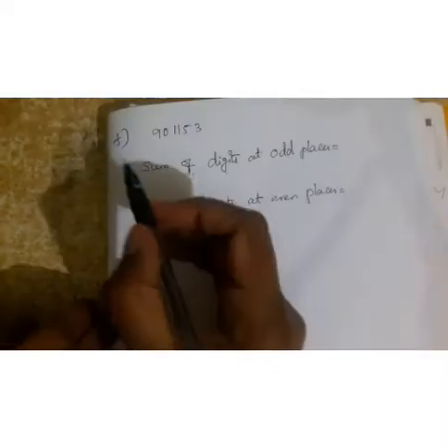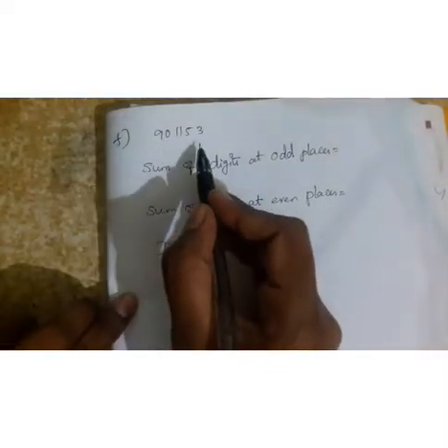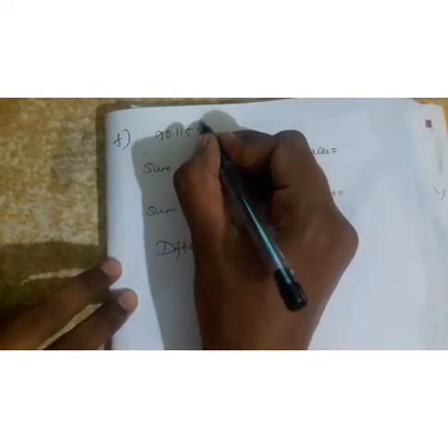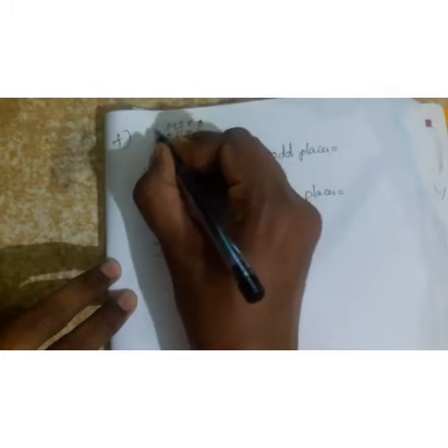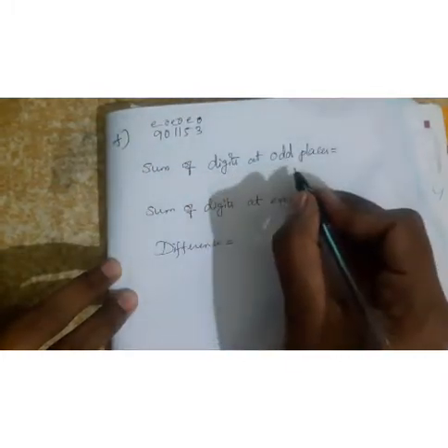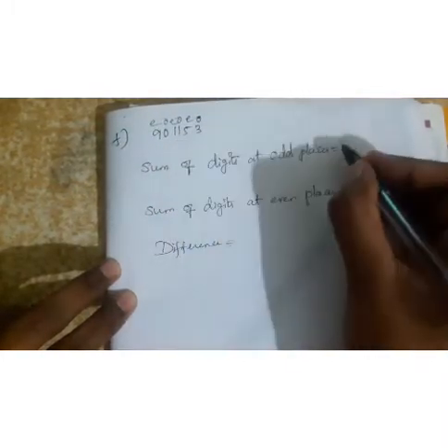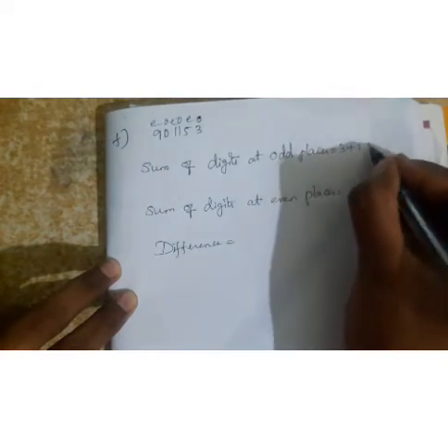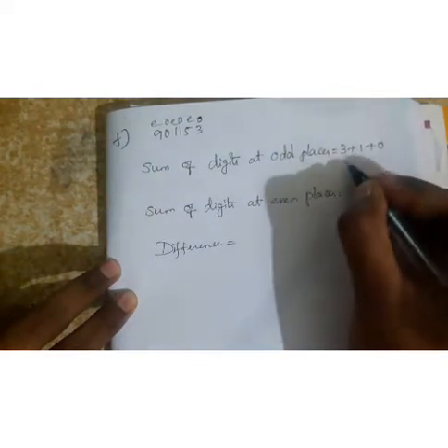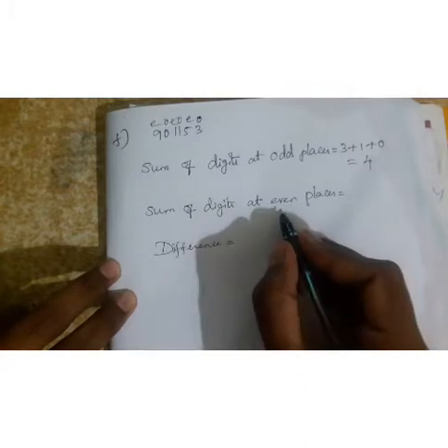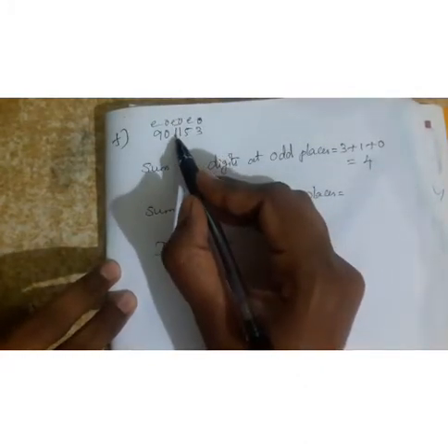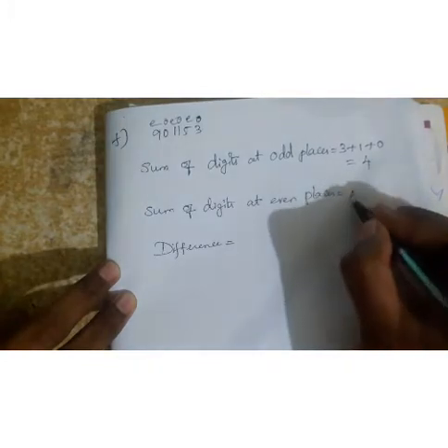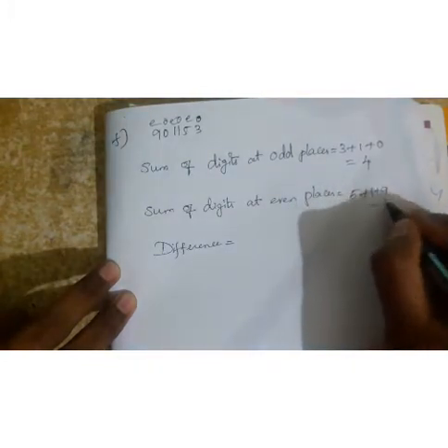F part, 901153. So this is odd place, this is even place, odd place, even place, odd place, even place. Sum of digits at odd places are 3 plus 1 plus 0, we get 4. Sum of digits at even places equal to 5 plus 1 plus 9, equal to 15.